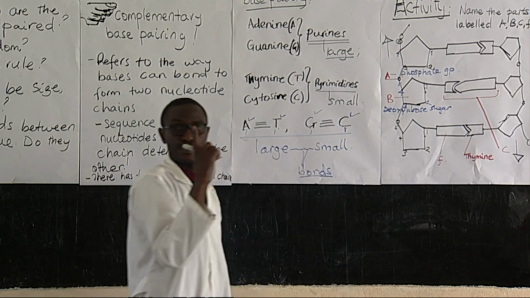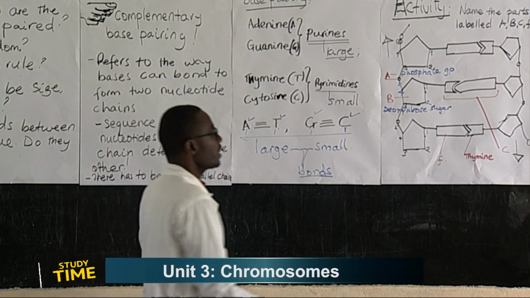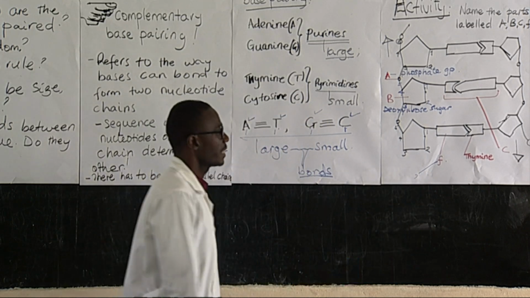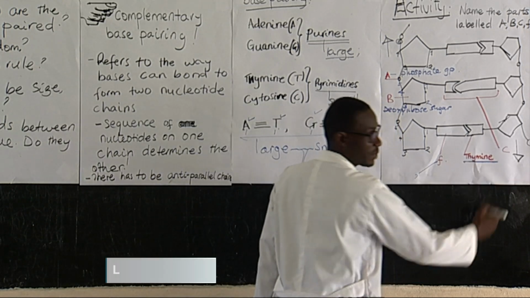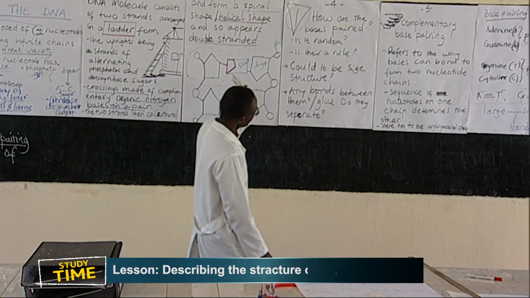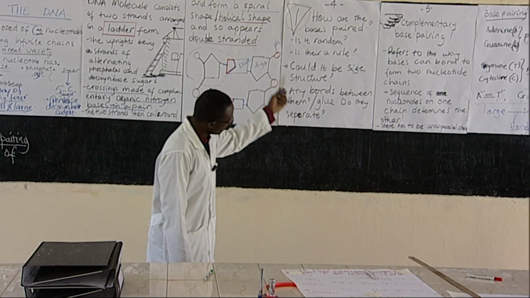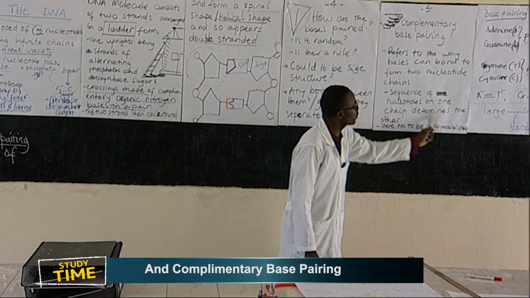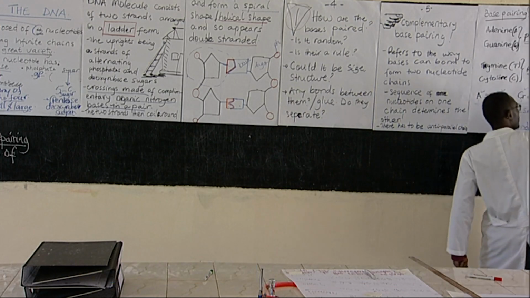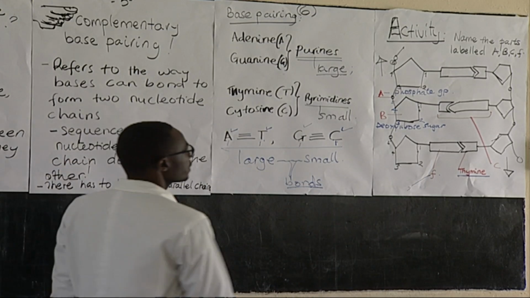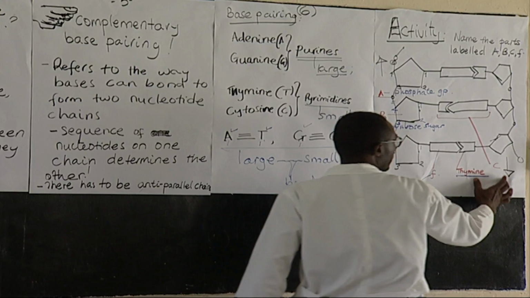F would be given its name depending on thymine that is labeled for us, which takes us to this statement: that the sequence of nucleotides on one chain is going to be dependent on the sequence of nucleotides on the other.